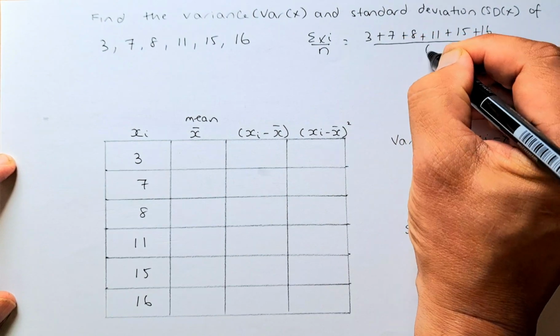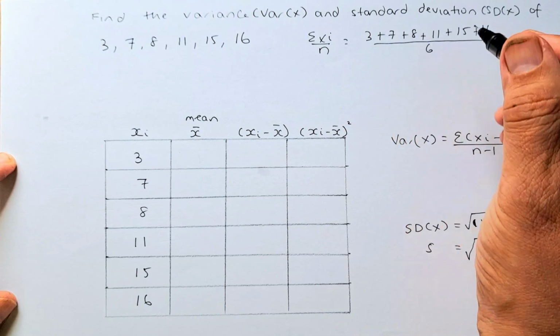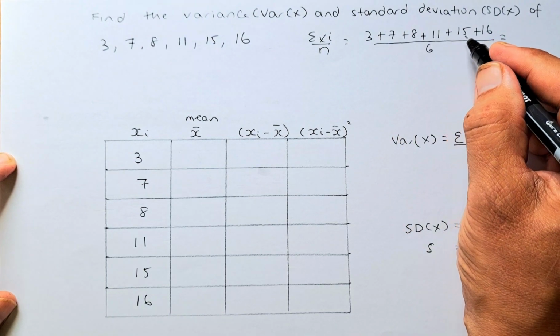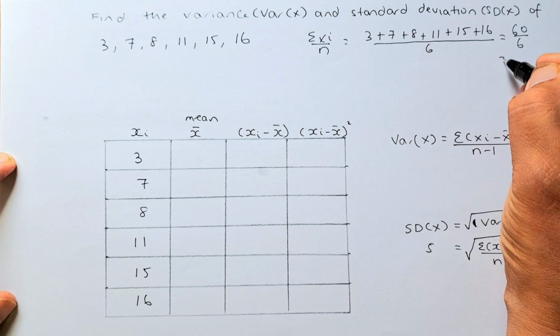There are 6 terms. 3 plus 7 plus 8 is 18, plus 11 is 29, plus 31 is 60, over 6, and the mean is 10.